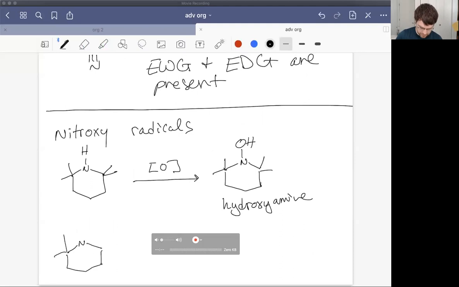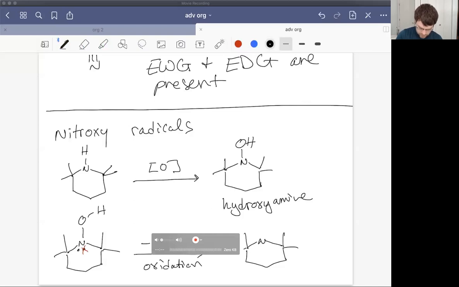Okay, so let's look at that. I'm going to draw the lone pair electrons on the nitrogen atom explicitly. I'm going to do a -1 electron oxidation, and I'm going to remove one of the lone pair electrons to make this intermediate structure.